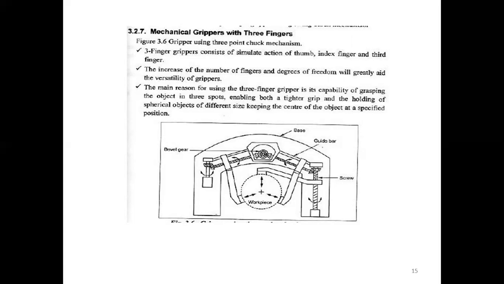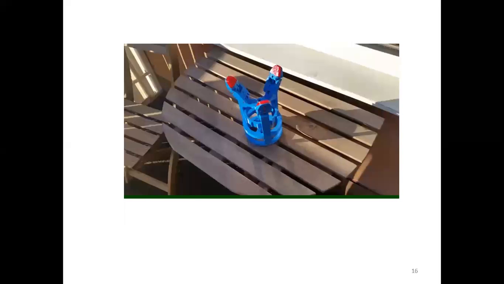The main reason for using the three finger gripper is its capability of grasping objects at three spots, enabling both a tighter grip and the holding of spherical objects of different sizes, keeping the center of the object at a specified position. This is an example of multiple fingers.